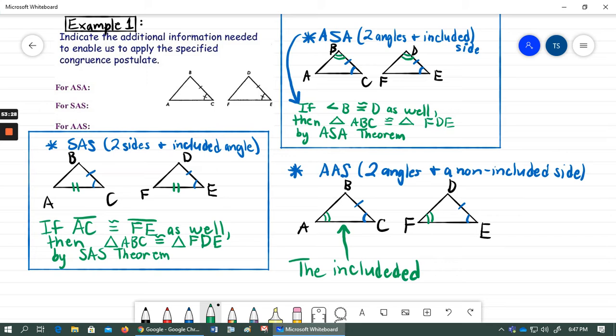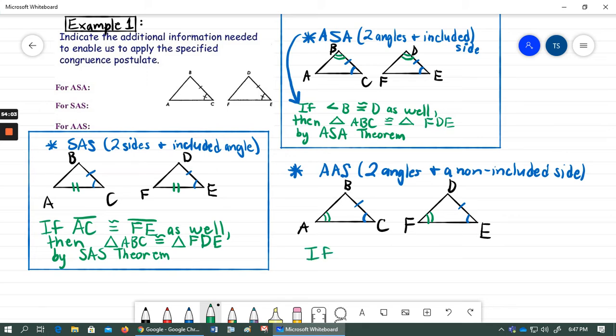So guys, the one side that I've just marked, that means that if this one is the included side, then this side that is marked there with a congruency mark is clearly not included. So that should make sense there, okay? Alrighty. Okay, I'm erasing that. So again, as of right now, we've got ourselves a situation here where we can say that these two triangles are congruent by the angle side congruence theorem.